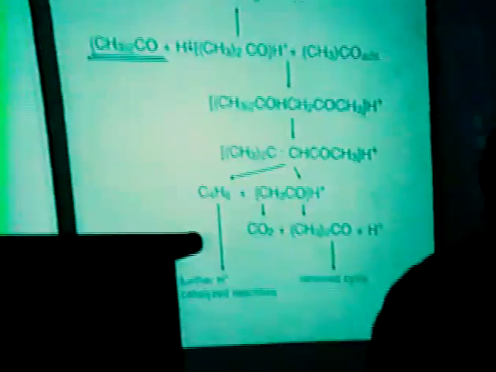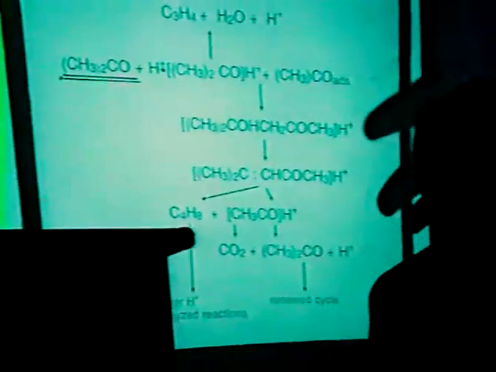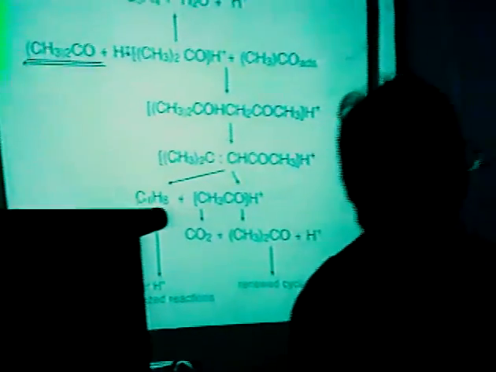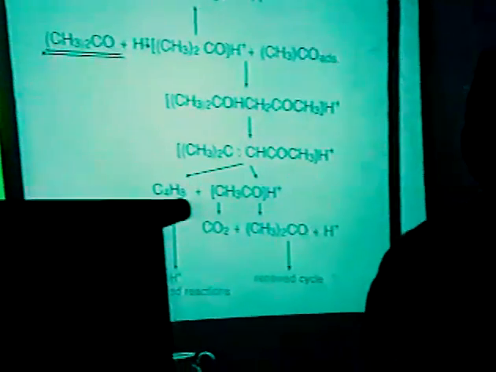Now, what happens? I haven't spoken about this alkene. We assume that this alkene is formed via dehydration of non-condensed acetone. And this assumption is supported by the reaction of ammonia with this acetone species.